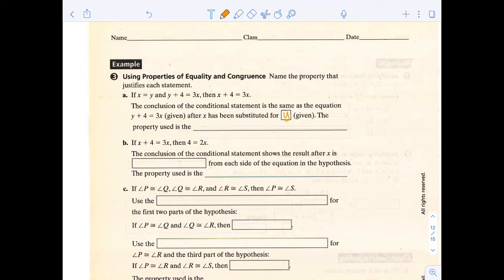So all they did here is substitute x for y. So they had the equation y plus 4, they changed it to x plus 4. The property used is the substitution property of equality.